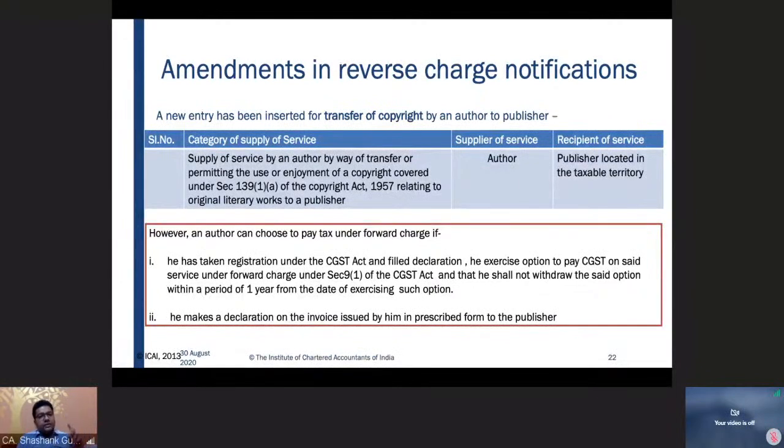There are two conditions. First condition is that he needs to obtain registration, file a declaration, continue for a year, and second, on the invoice also, he should clearly mention that he is charging the tax under forward charge and the publisher is not required to pay the said tax under reverse charge. So this is a recent thing that you should all remember and learn for the examination purposes.